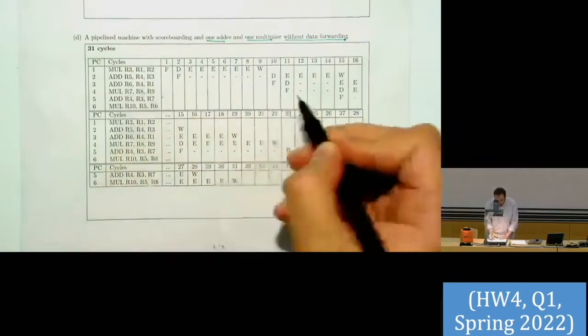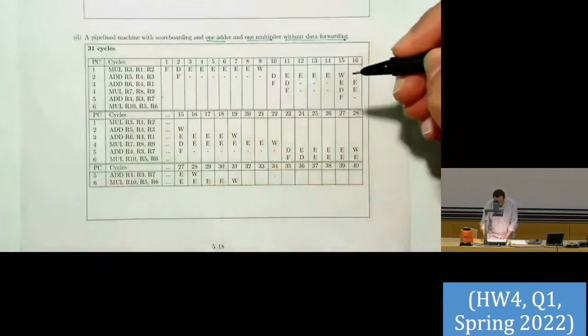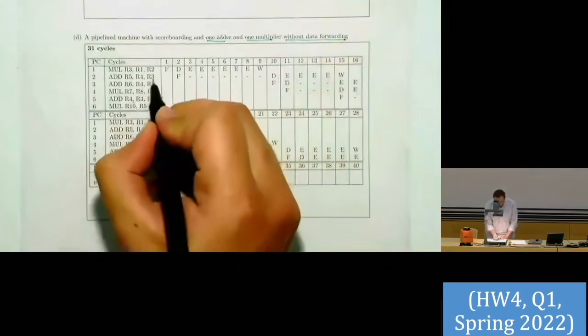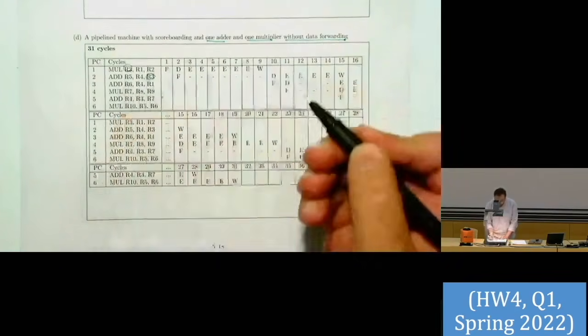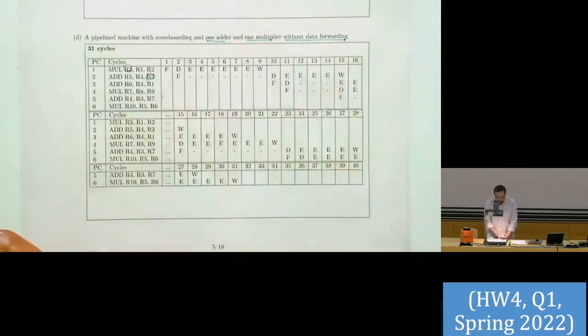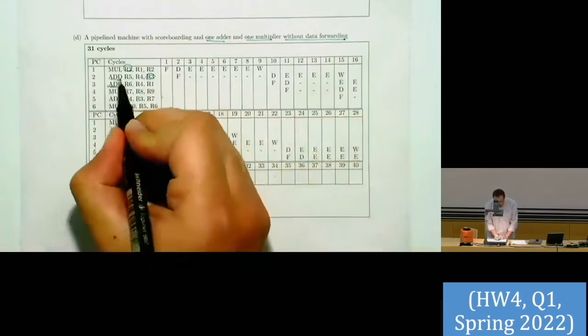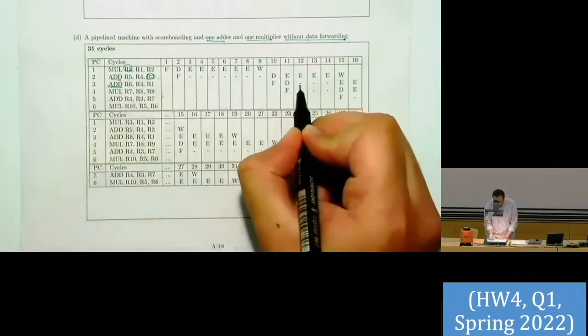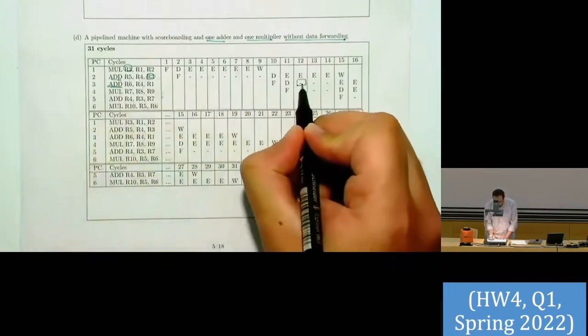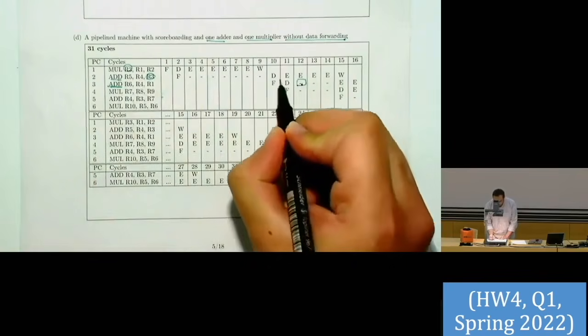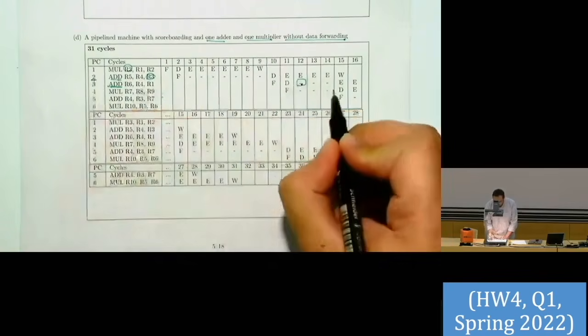Here, this R3 is exactly as in the previous part of the question. But when we have the second add here, we cannot start executing because at this cycle the adder is being used by the second instruction.